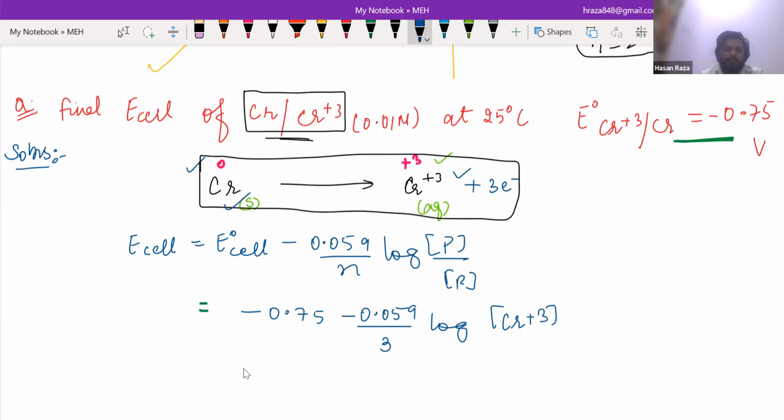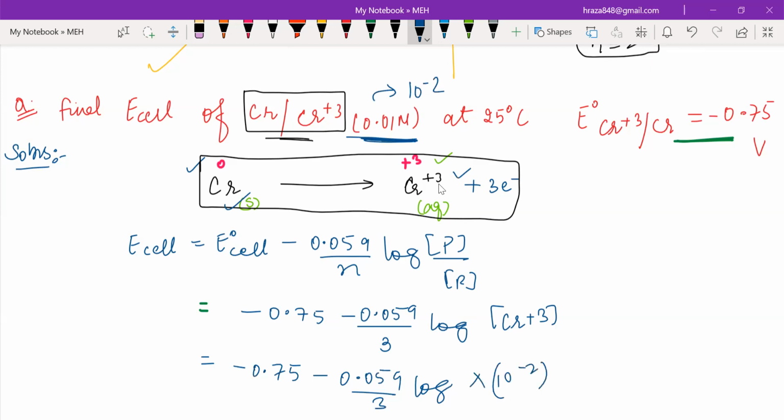So you write it now: 0.75 minus 0.059 upon 3, and here it is log. The concentration is given as 0.01, that means 10 raised to the power minus 2, right? Log 10 raised to the power minus 2.